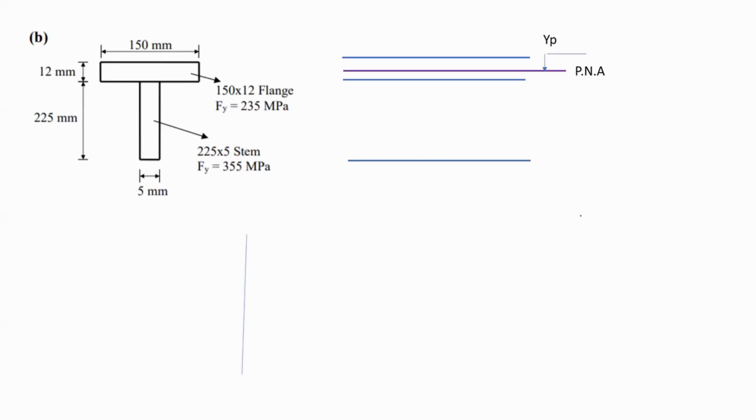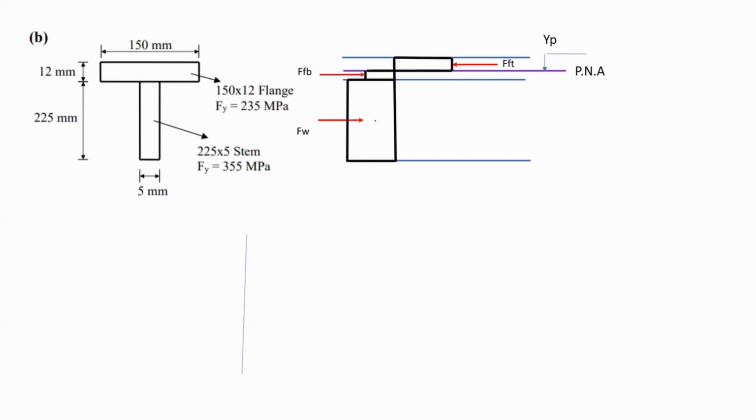Now, let me draw the stress diagram over these lines. So I have something like this, where this is compression. This side can be considered as compression or tension. And at the plastic neutral axis, it switches the force to tension, the opposite. And therefore, you get something like this.